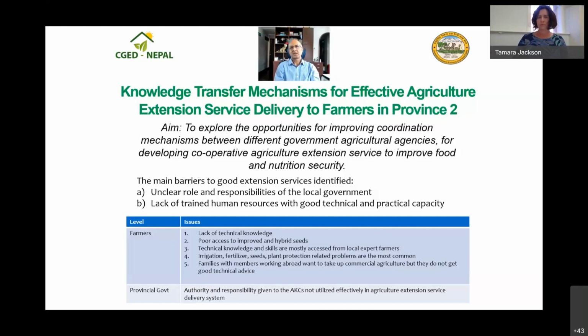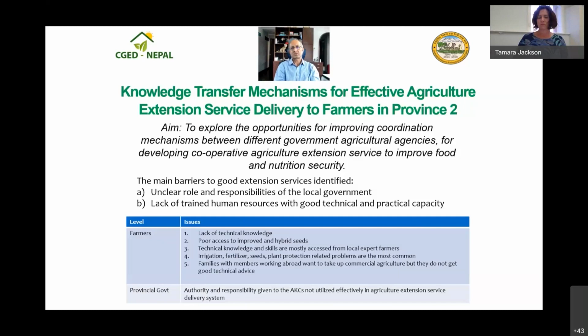The major findings from our research are, from the government perspective, number 1, unclear roles and responsibilities of both local and provincial government, although agriculture is mainly their joint responsibility. Number 2, there is poor human, institutional, and systemic capacity across the government agencies, especially in agriculture knowledge centers.